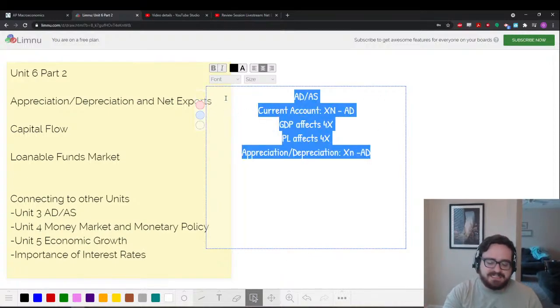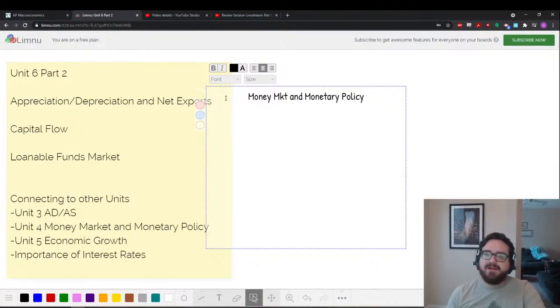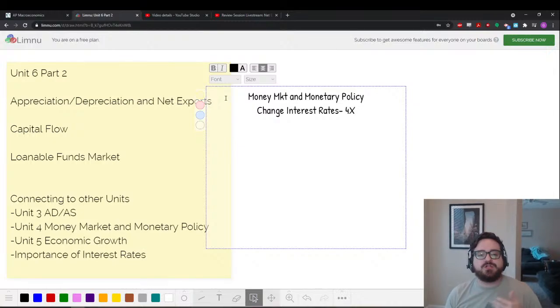Unit 4, that's the money market and monetary policy. This one's a bit easier to spot the connective tissue between these units. It's pretty on the nose for this, which is that any monetary policy or money market thing is going to change interest rates. And if you change interest rates, then the Forex market gets affected, because we mentioned that people want to invest where there is a higher interest rate internationally.